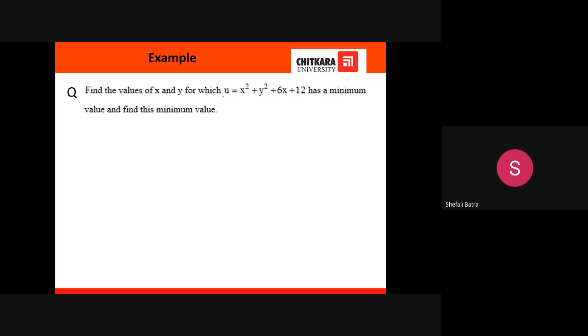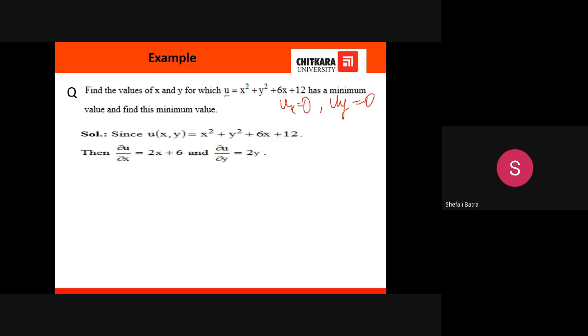See, this is u. U is a function of two independent variables, x as well as y. It means you are dealing with a function of more than one variable, right? So Aditya told me the first condition to find the critical point, that is ux is equal to 0 and uy is equal to 0. Find ux is equal to 2x plus 6, uy is 2y, that's all.